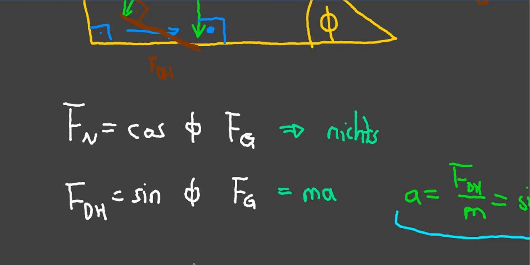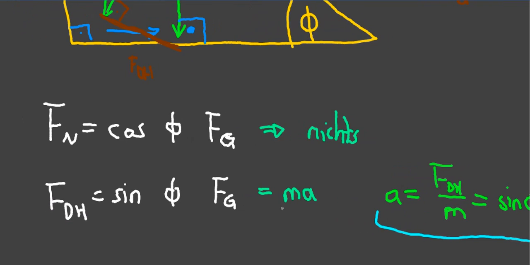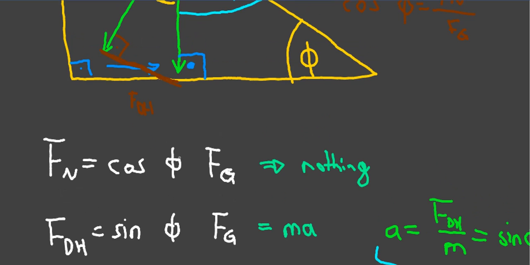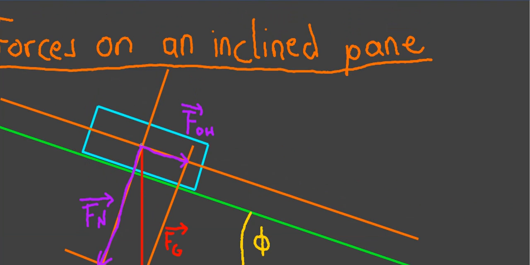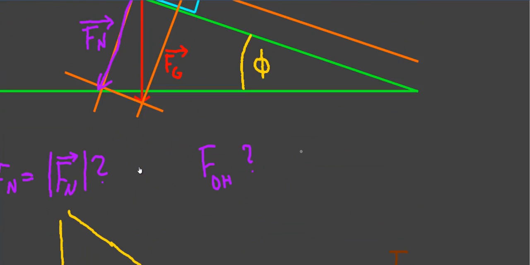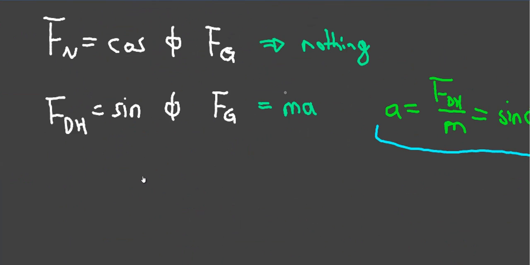If we have those, we can actually calculate our normal force and our downhill slope force. Now there's a pretty interesting fact: we can also calculate what our acceleration is going to be. Our normal force just does nothing, while our downhill force is going to accelerate us. Our normal force is countered by the counteractive force against the normal force, but our downhill force is just going to accelerate us. So it is equal to m times a.